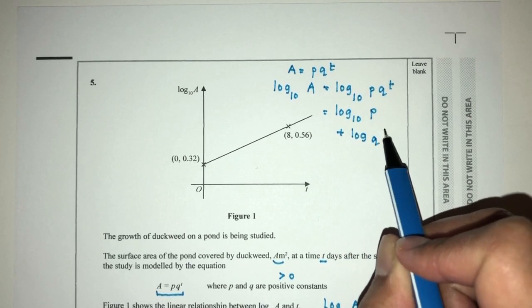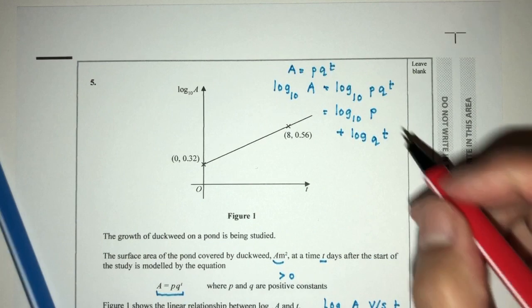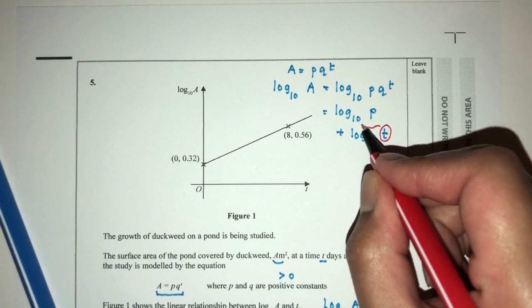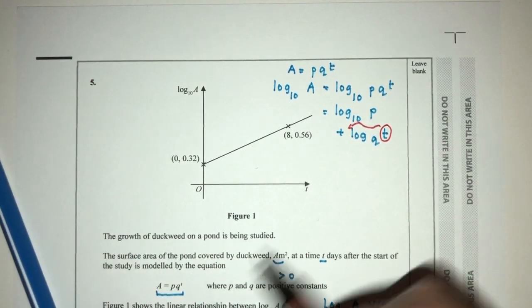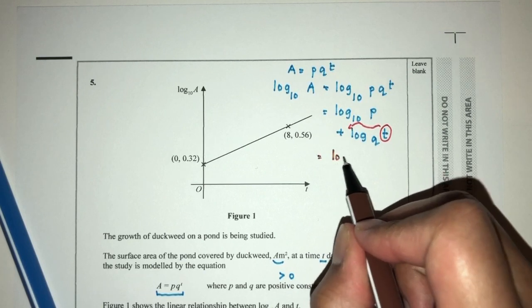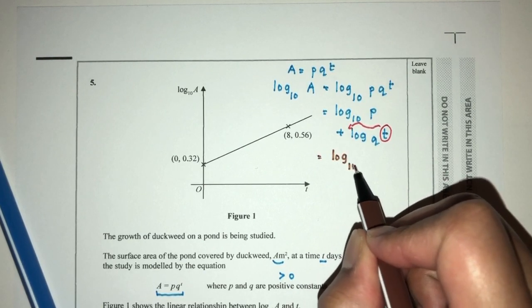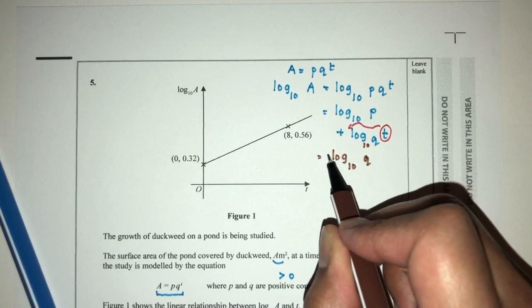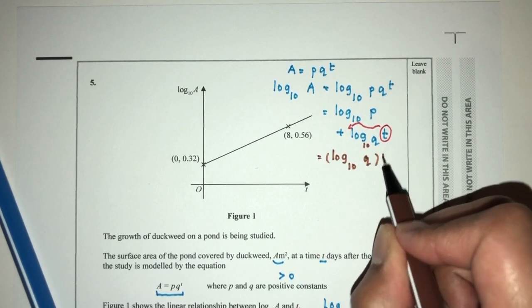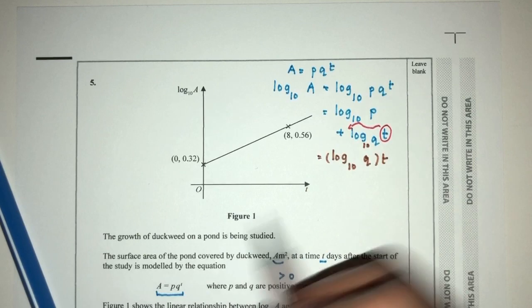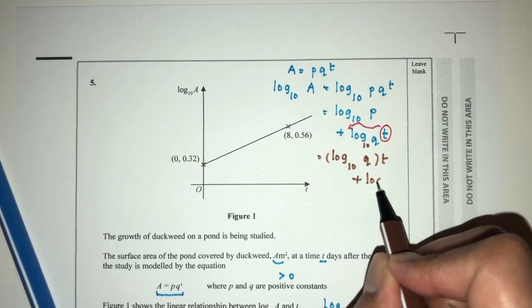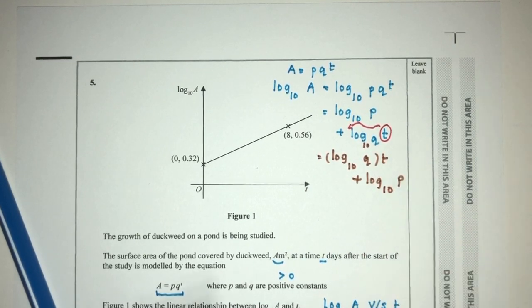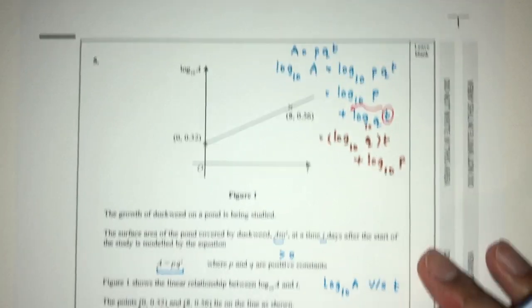That will be q to the power t. Now this one we can send to the beginning, so you will have t times log base 10 of q, same thing as putting this in the beginning, and then plus log base 10 of p. So finally, let me rewrite everything down.